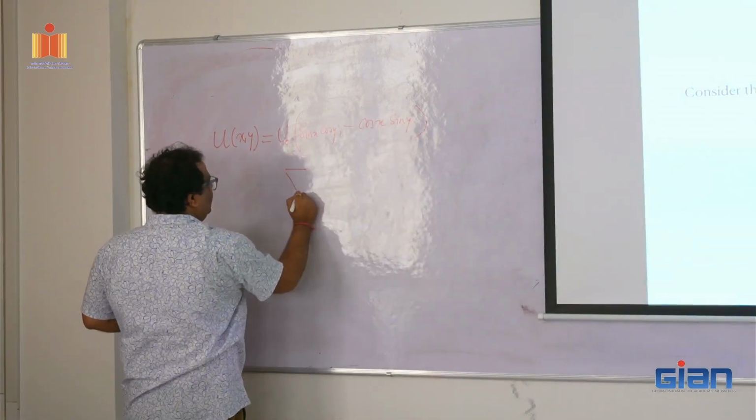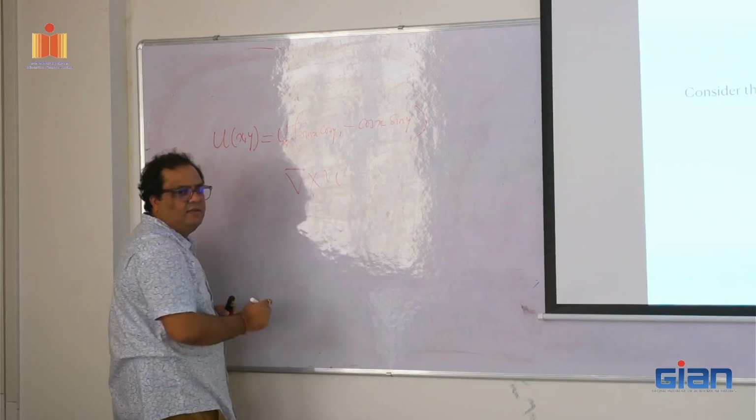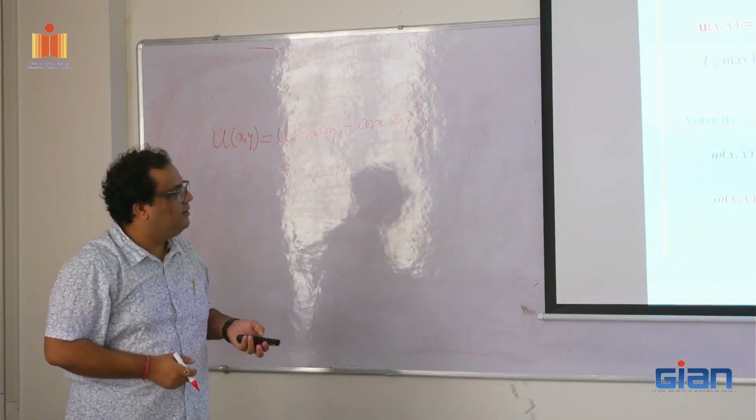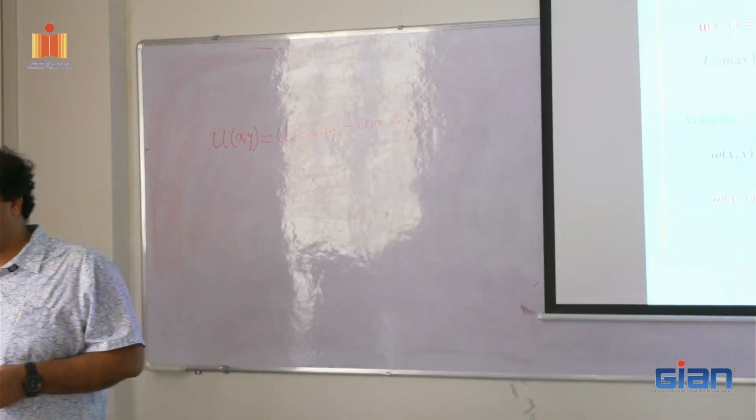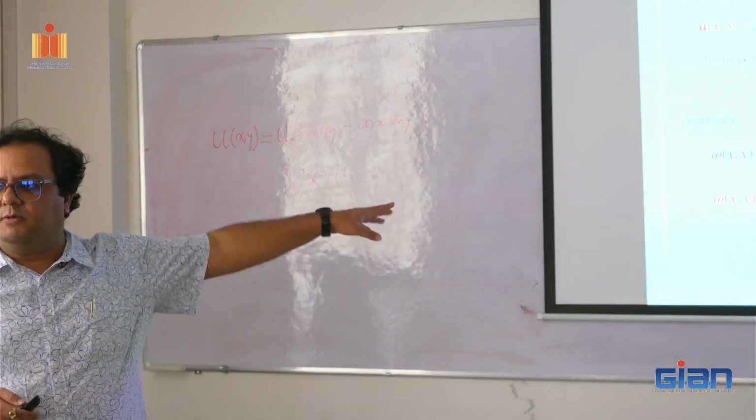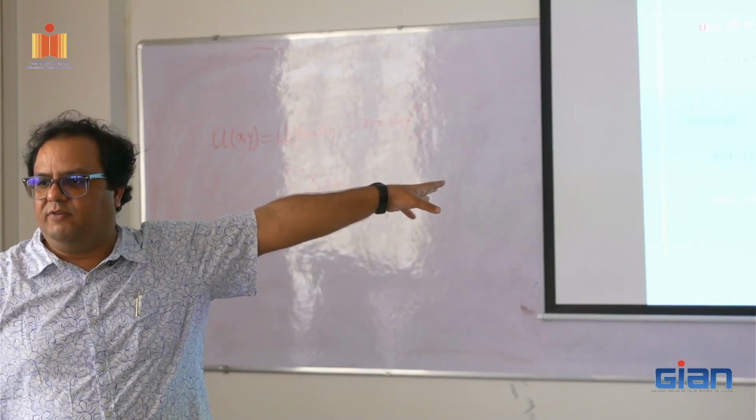Vorticity would be simply the curl of this, which will turn out to be this, where u naught is the maximum flow velocity. Can anyone remind me about some features of this flow if you have gone through it?